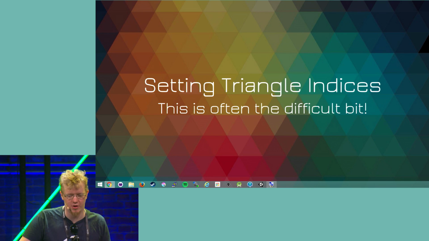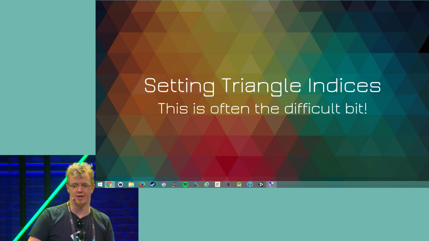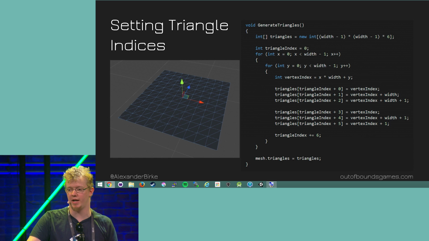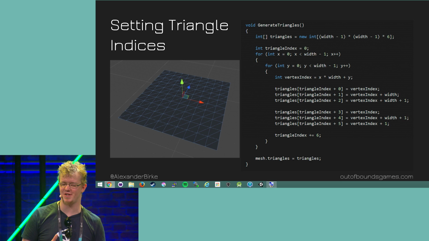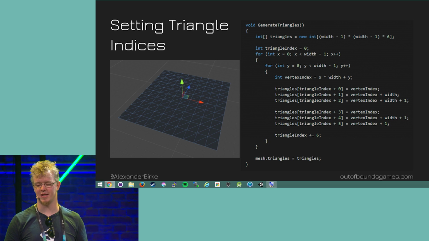All right. So I'm going to spend a little bit more time talking about setting triangle indices, because that's what I find is the most tricky part to do. We can see already, with something as simple as a plane, it actually gets quite tricky. I used to play drums as a kid, and I see the problems of doing triangle indices and doing the rest of your data as being a bit like having two different rhythms you have to do your things in.